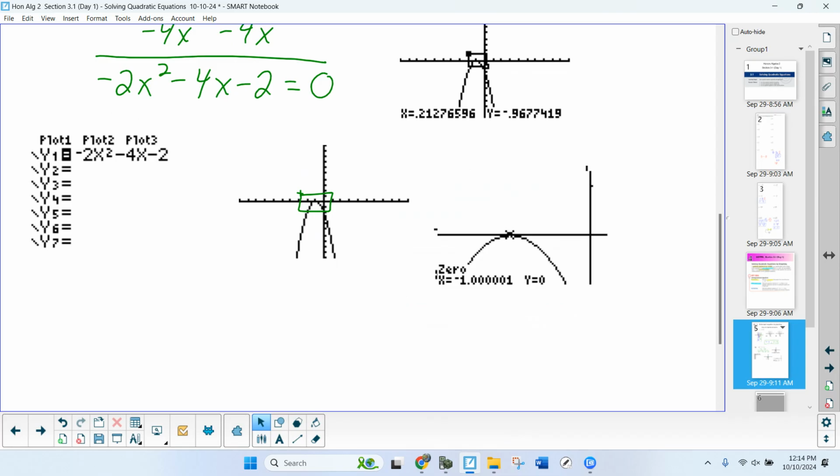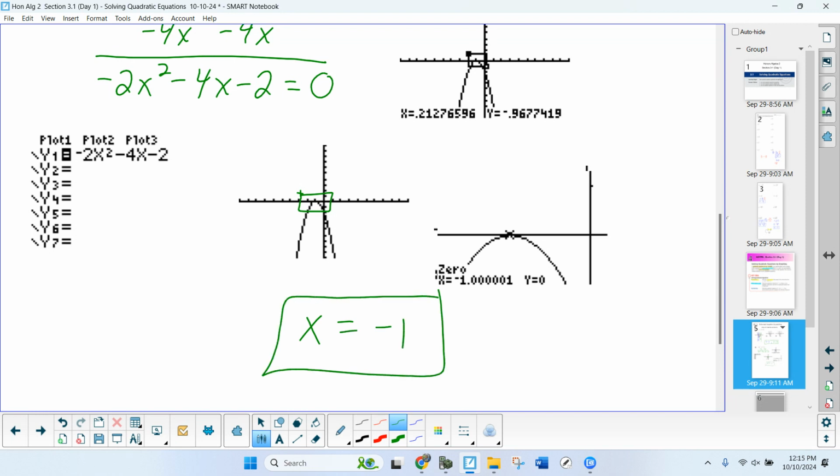Did anybody get negative 0.999999? What'd you guys get? You got both? You did it 2 different times? You got exactly negative 1? It just depends on how far you zoomed in, the pixels of your calculator. Let's round to 2 decimal places. If we round to 2 decimal places, what's x? Yeah, so x is negative 1.